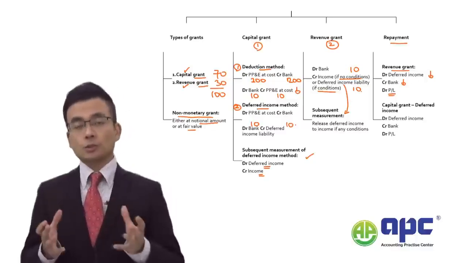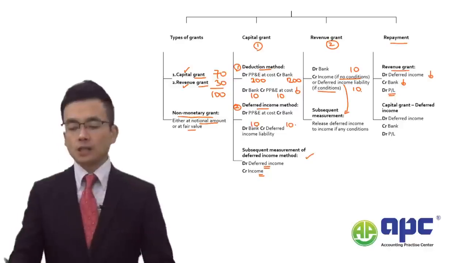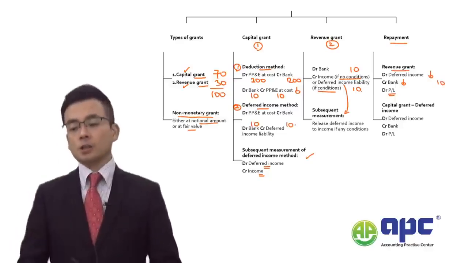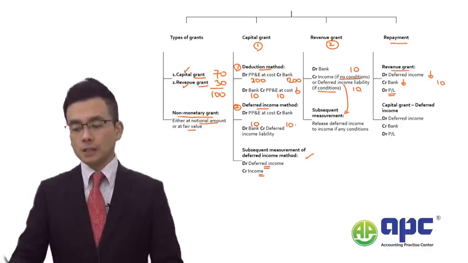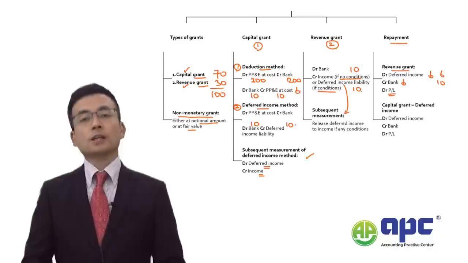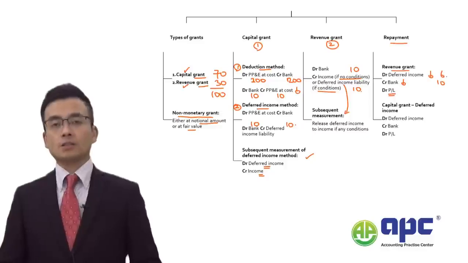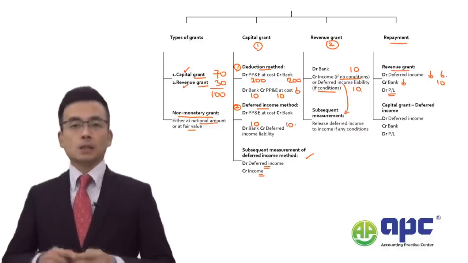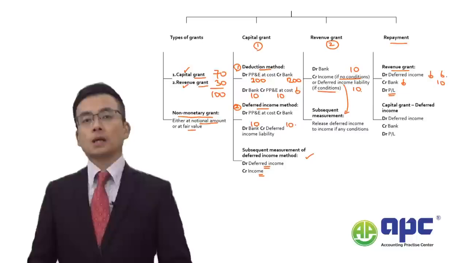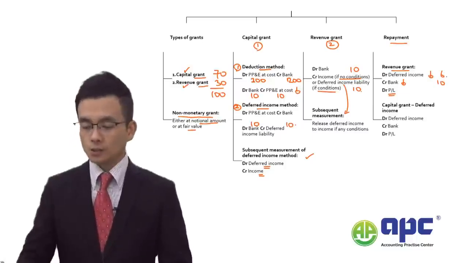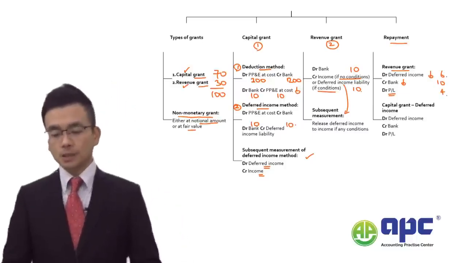Because we need to repay $10 and we recognized $4 already. But the deferred income, or the additional income I can recognize in the future, will be 6, but I need to pay 10, so I suffer $4 of losses.